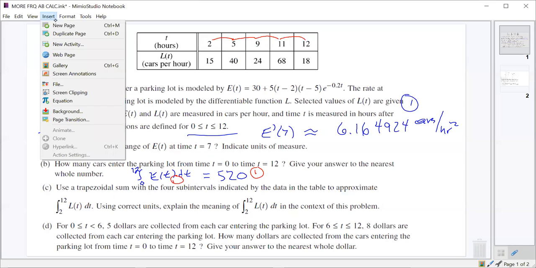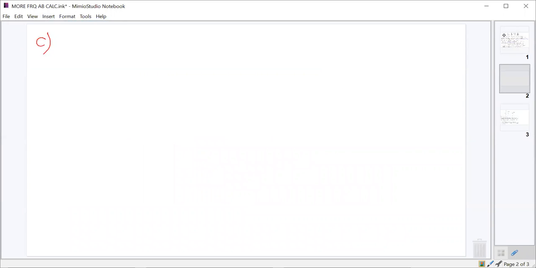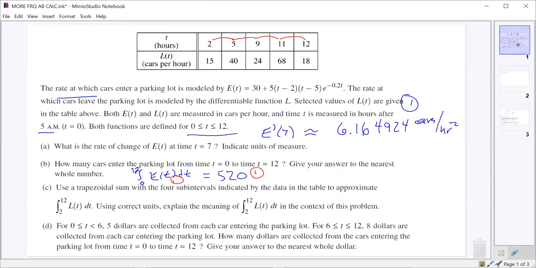So our basic setup here for part C should look like, let's see, we have 15 plus 40 over 2 times the 3. And then we're going to have 40 plus 24 over 2 times 4.